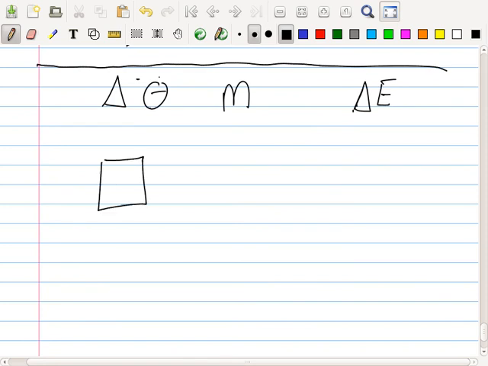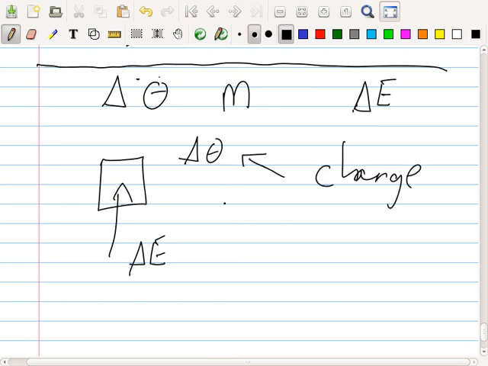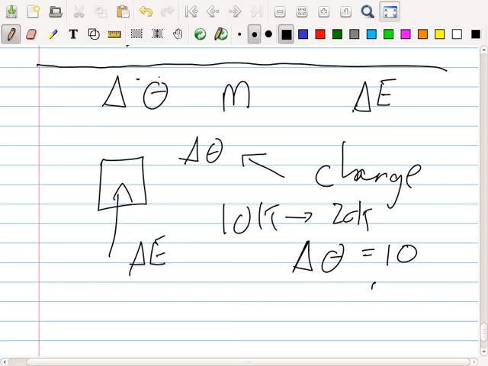Here's your object, and then you put in some energy, and then the temperature changes. This here is the change in temperature, okay? So if it goes from 10 kelvins to 20 kelvins, what's the change? 10 Kelvin change.